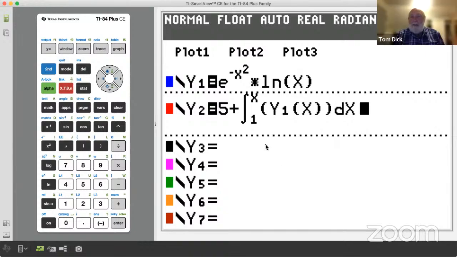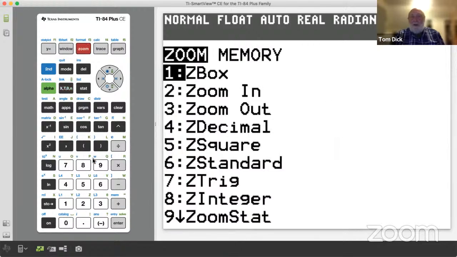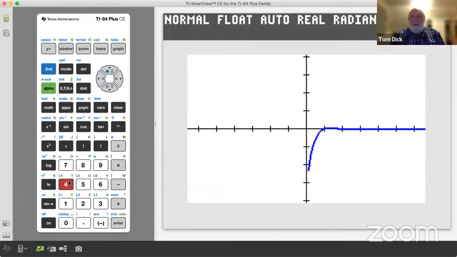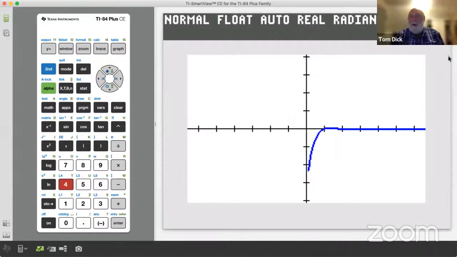Let's go ahead and give this a shot, see what the graph looks like. I'll just do my usual zoom decimal. We got the graph of the original function pretty quickly. Indeed. I don't know if you can see up in the upper right-hand corner, it looks like my calculator's busy.